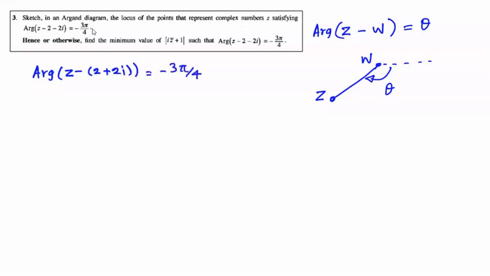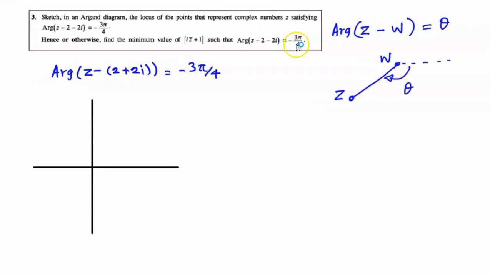Therefore, in the Argand diagram, by indicating this 2 plus 2i, which should be somewhere here with the real part 2 and the imaginary part also 2. So this is my 2 plus 2i complex number, and then all these z complex numbers should be making an angle of negative 3 pi over 4.